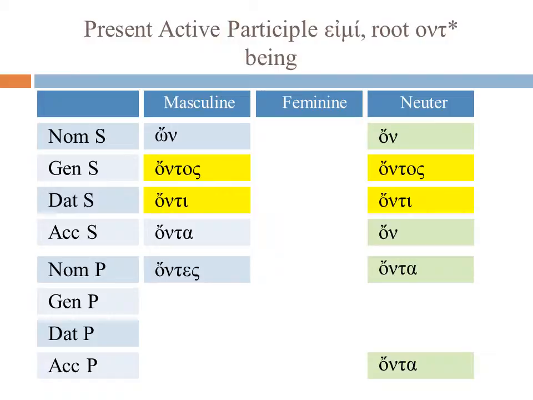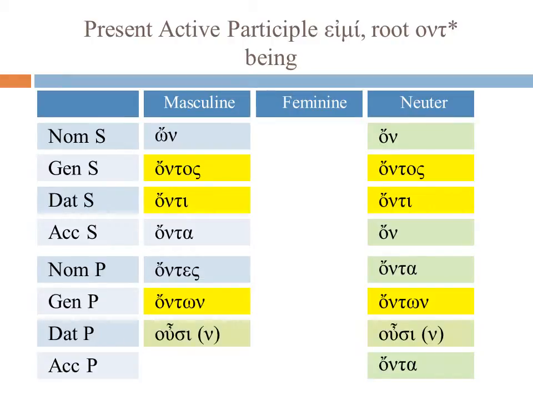So we have ὄντα and ὄντα. Genitive plural, just like the singular, is always the same in the masculine and neuter. So we have ὄντων, ὄντων. Dative plural is the same thing. It's the same in the masculine and neuter, οὖσι and οὖσι.